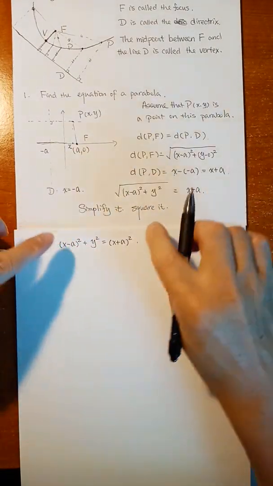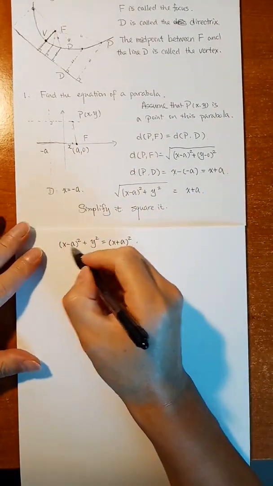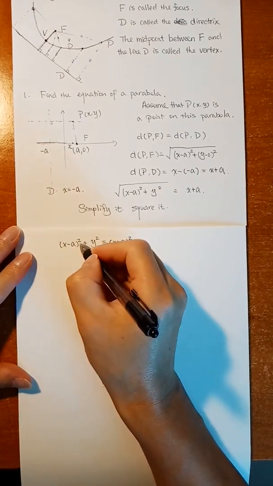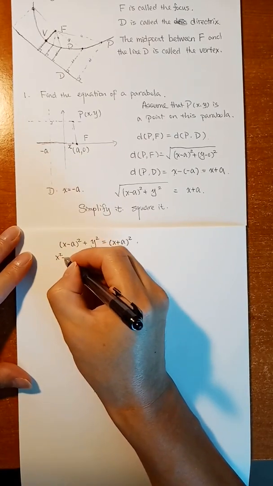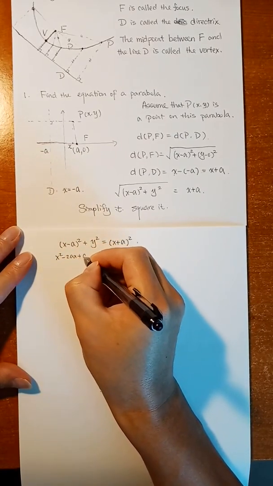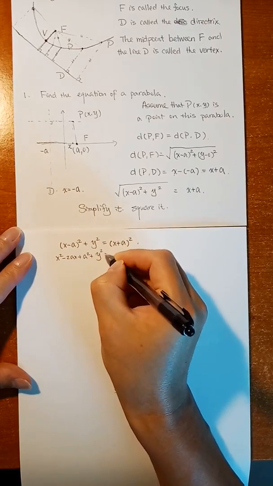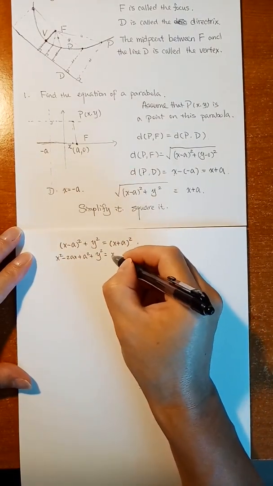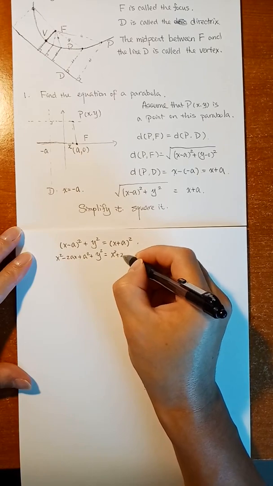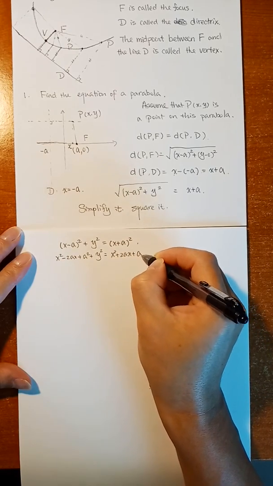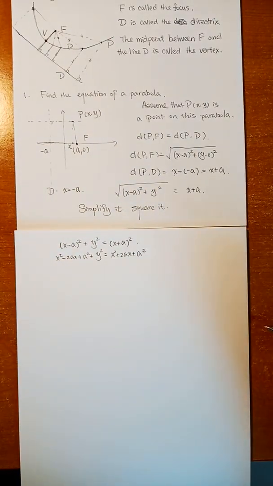So we square two sides, we get this one. And then let's continue simplification. X minus a quantity squared is x squared minus 2ax plus a squared, and plus y squared is equal to the right hand side. You expand this perfect square: x squared plus 2ax plus a squared. We just expand the perfect squares.